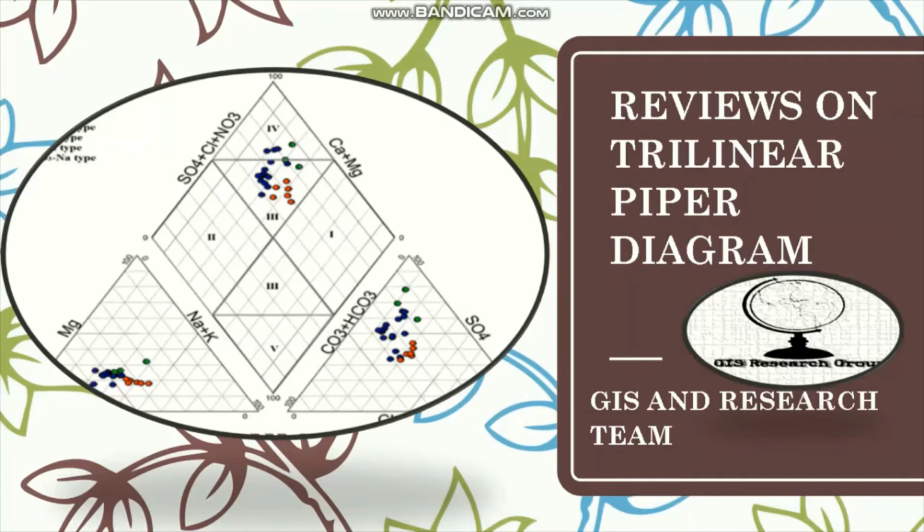As you all know, in our previous videos we have explained various research articles related to Sankey diagram, and how to create a Sankey diagram using AmChart and Google Charts.